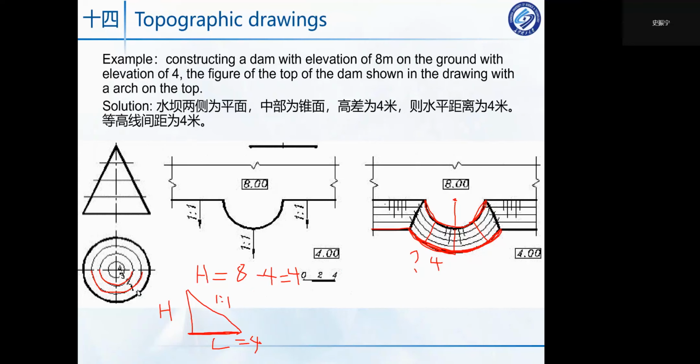For example, this one is easy for you because this is 4. This one is 4, and for this one we have to use the compass.